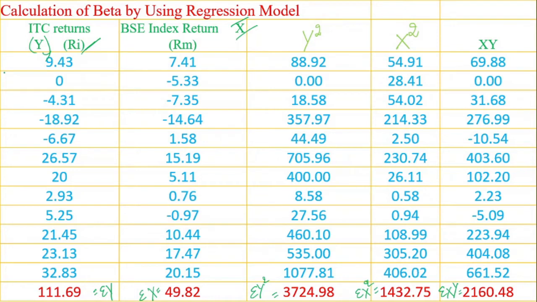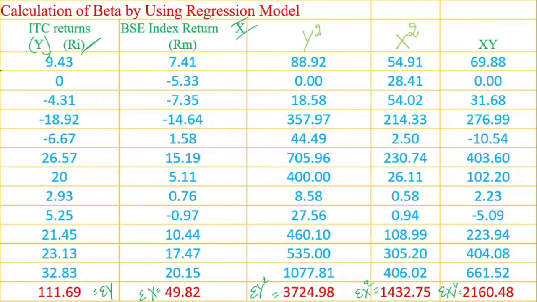That is the reason why ITC, indicated with Y, that is RI, the ITC return, becomes the dependent variable. The independent variable is the BSE index return, that is market returns, indicated with RM and also with X.